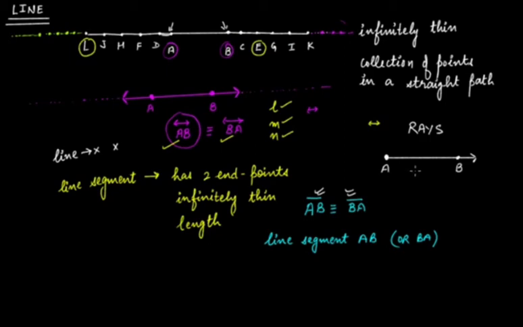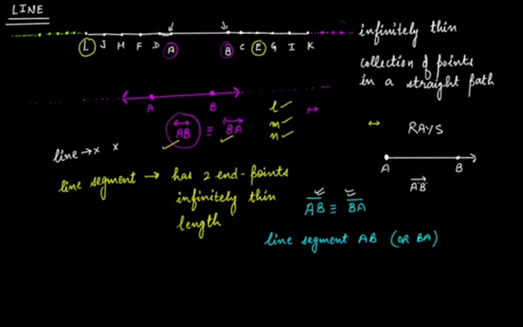To represent it, you take the starting point A and another point B on the ray, and you simply put an arrow over it. The starting point will be above A, and the arrow will be above B.